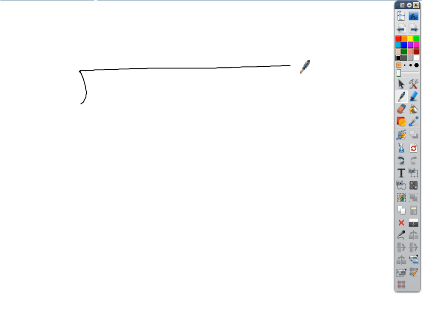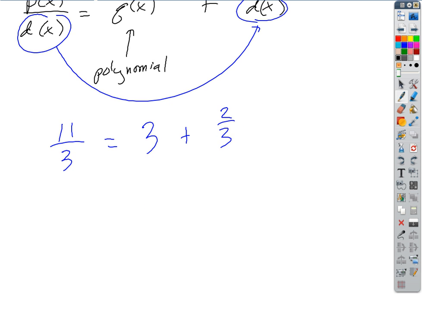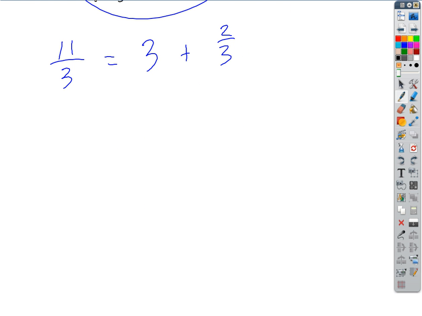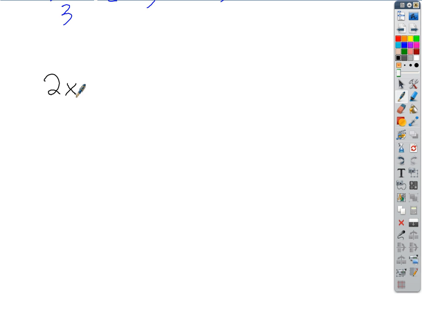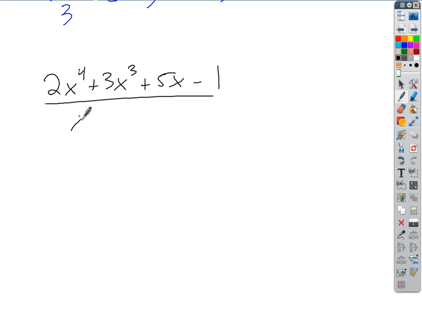Okay, so we're going to divide the big polynomial, 2x to the 4th plus 3x cubed plus 5x minus 1 by x squared minus 2x plus 2.